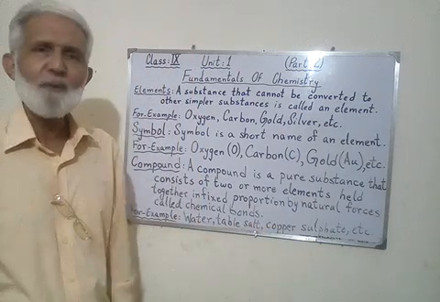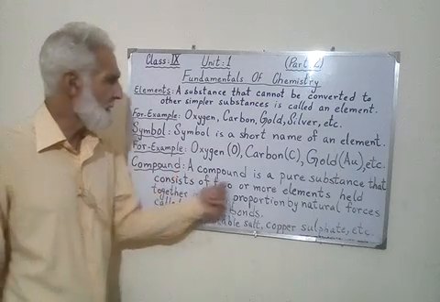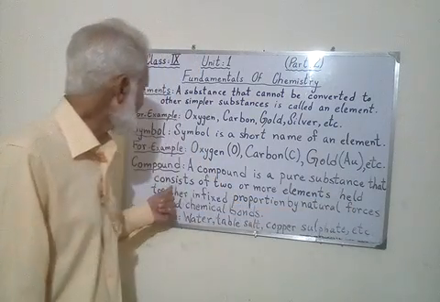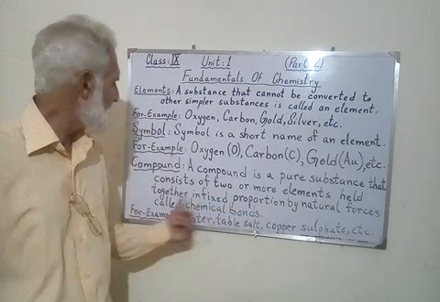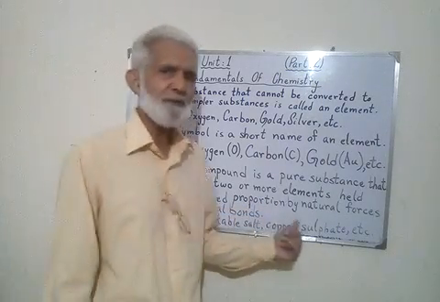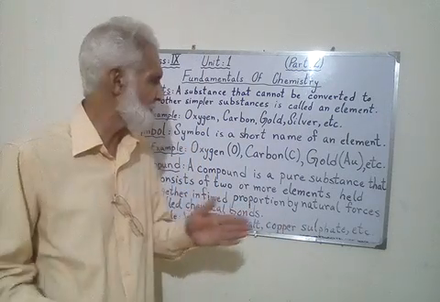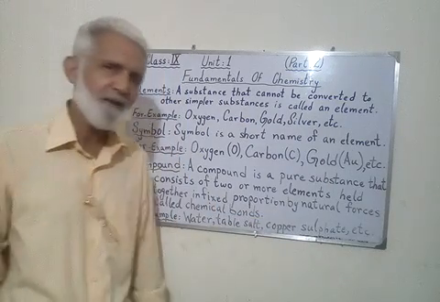That is a compound. Again, a compound is a pure substance that consists of 2 or more elements held together in fixed proportions. Elements have their own fixed proportions, and they combine by natural forces called chemical bonds.